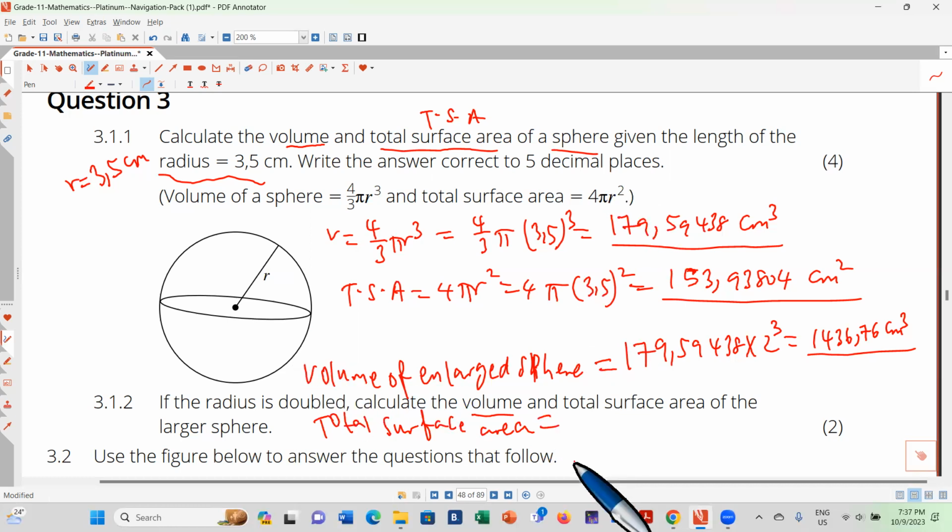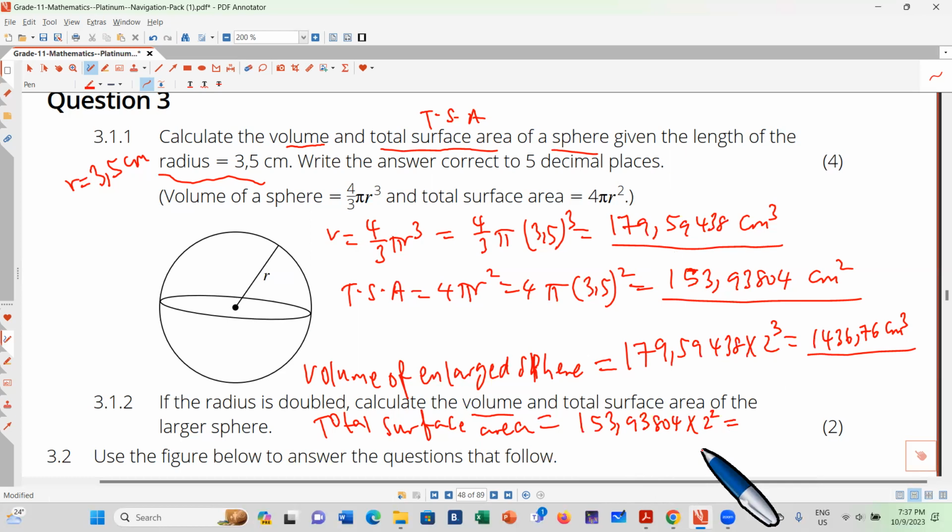Here, if you double the radius, it's going to be squared. So there's going to be a factor of 2 that affects this. So for the total surface area, you will take the 153,93804 that you got here, multiplied by 2 squared.